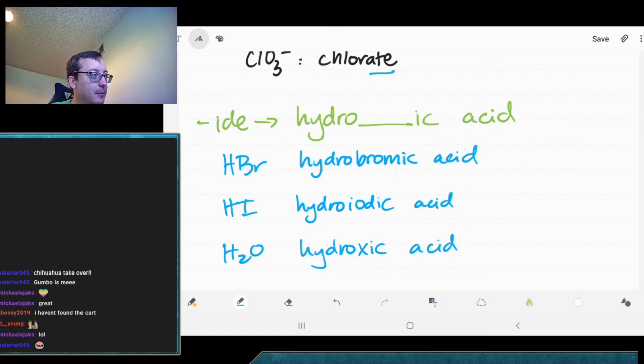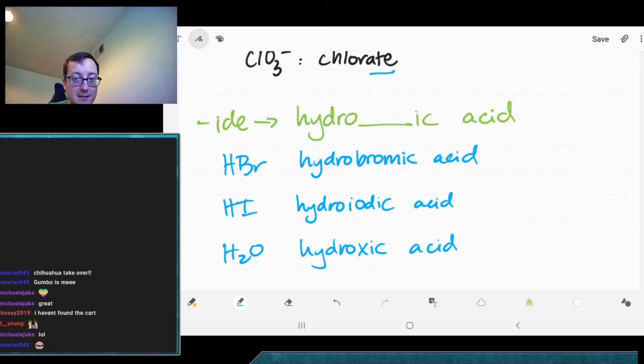But that's the idea here. We took oxide, becomes hydroxic acid. Iodide becomes hydroiodic acid. Bromide, hydrobromic acid. So if your anion ends with "-ide", you get rid of the "-ide", stick the rest of it in that space.